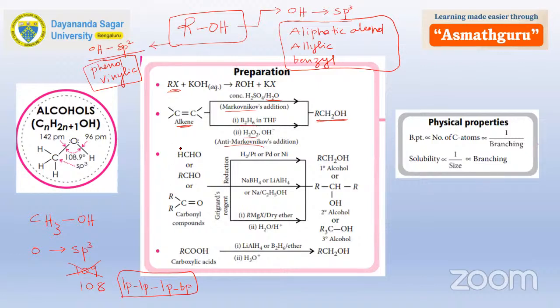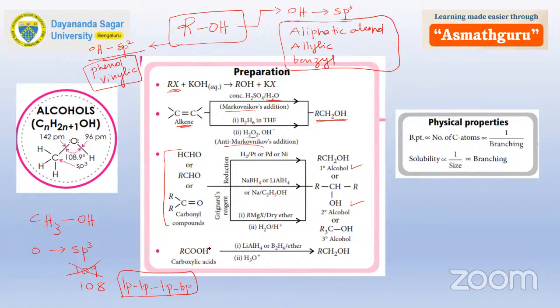Other than that, we can obtain alcohols from carbonyl compounds, where an aldehyde is subjected to reduction. When an aldehyde is reduced, we get a primary alcohol. When ketones are reduced, we get a secondary alcohol. You can use any kind of reducing agent: platinum, palladium, nickel, or sodium borohydride, lithium aluminium hydride, or sodium and ethyl alcohol.